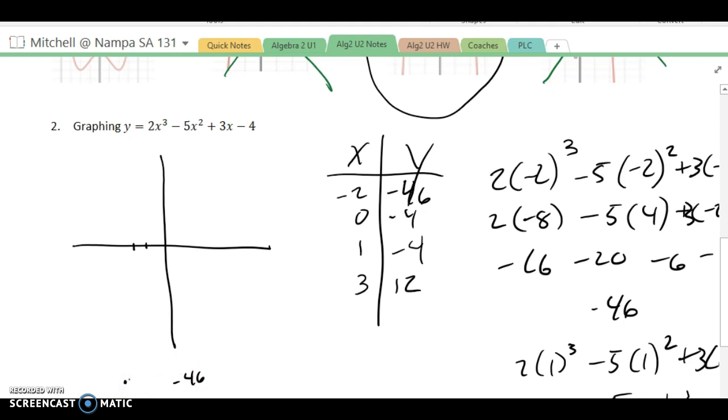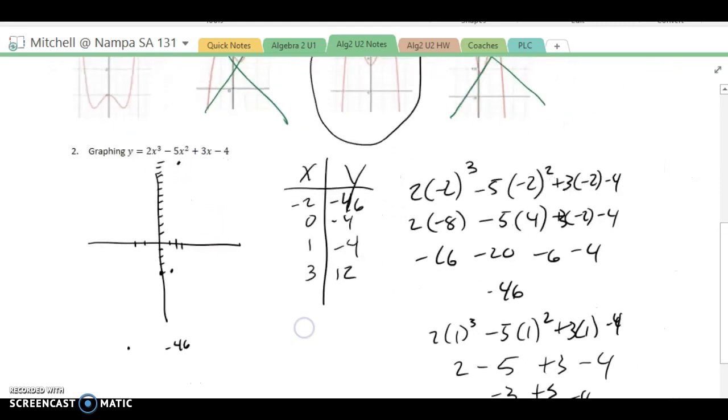And then we have 0, negative 4. Then we have 1, negative 4. And then we have 3, which is 12. 1, 2, 3, 4, 5, 6, 7, 8, 9, 10, 11, 12.